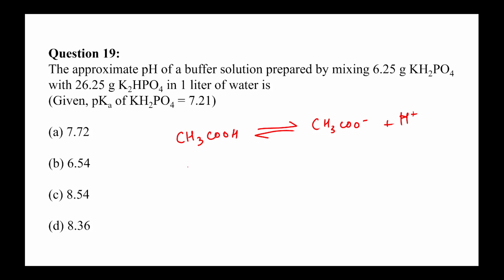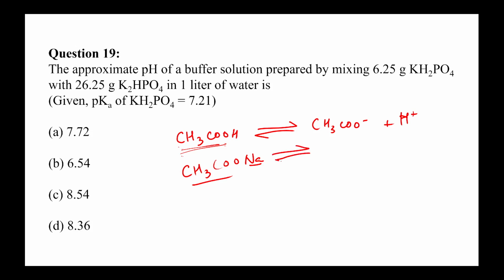And now we are making the buffer with the counter ion. Whenever we are taking a weak acid, we will take a conjugate salt of that. Conjugate salt means the salt should be made of that weak acid and a strong base. NaOH is a strong base. So we take the counter ion sodium and we have the acid component of this.